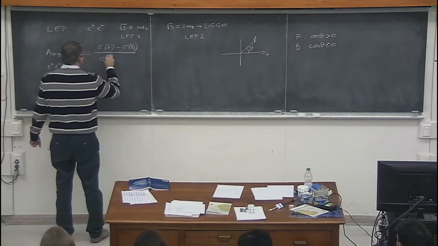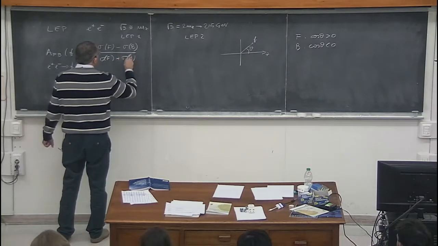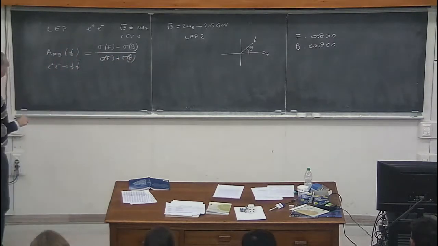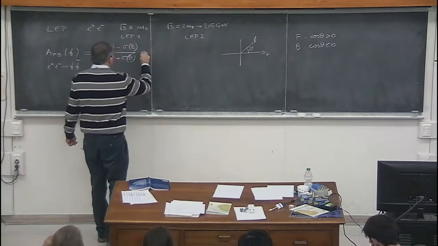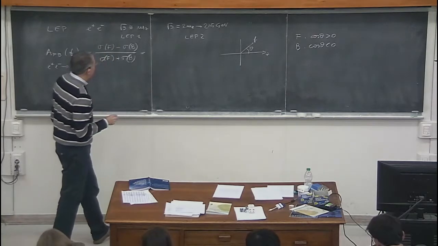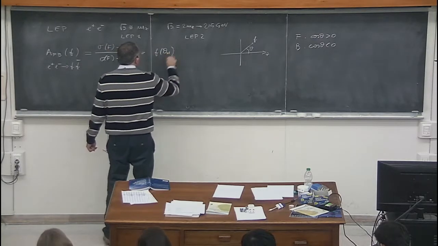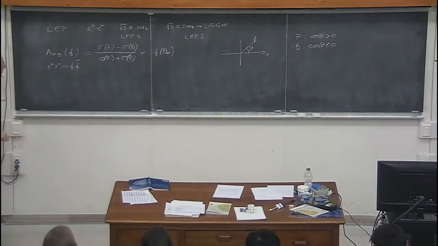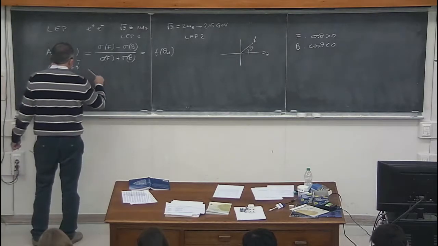And this function here, this ratio, this forward-backward asymmetry, is a computable function of the weak angle, because there is essentially only one diagram which dominates the computation, which is this one in which the Z boson is exchanged.